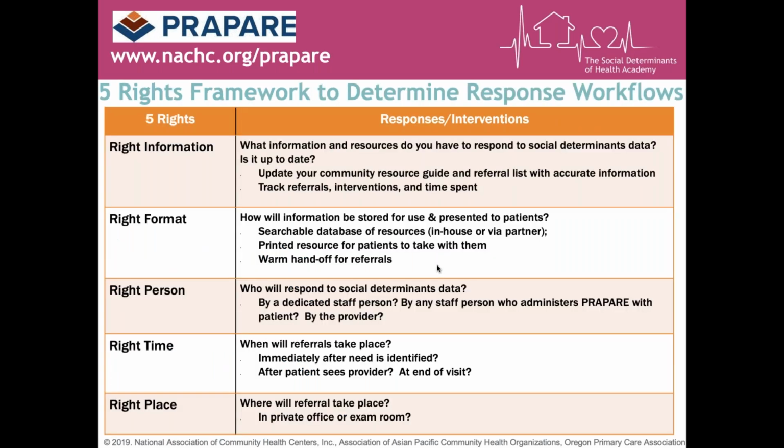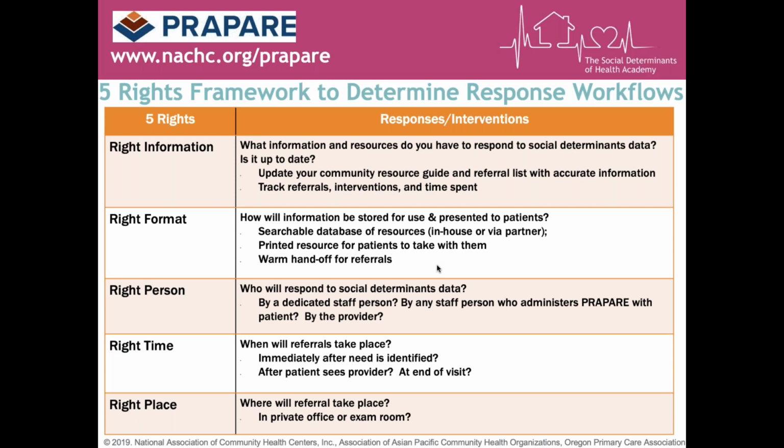Before I turn it over to my colleague Albert at AAPCHO, I also want to let you know about applying the 5 Rights framework to thinking about how you would respond to the social determinant needs identified. Albert will go into more detail on enabling services documentation from that perspective, but just to get you thinking, you can apply the same framework to how you might respond to needs.